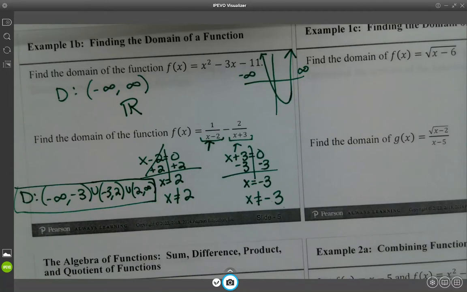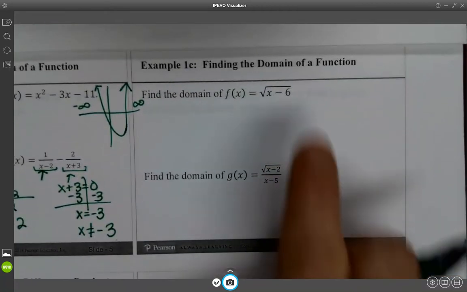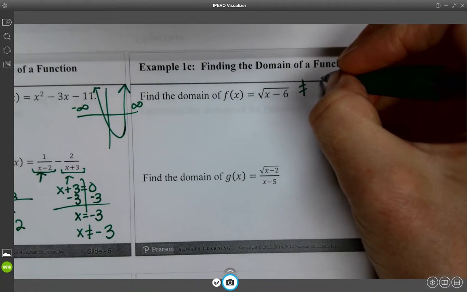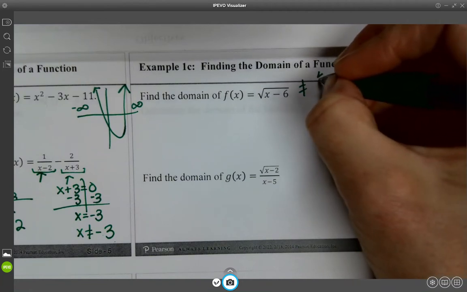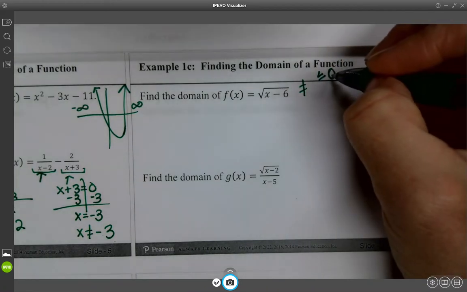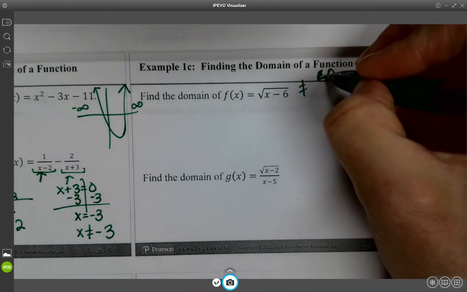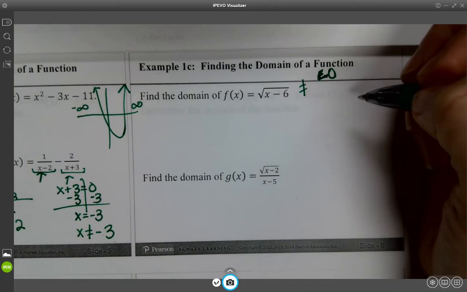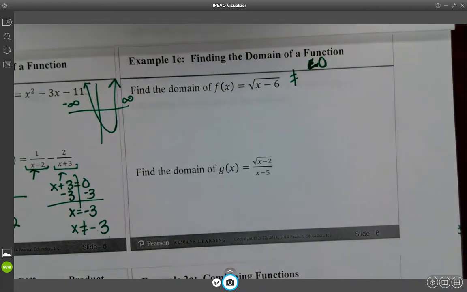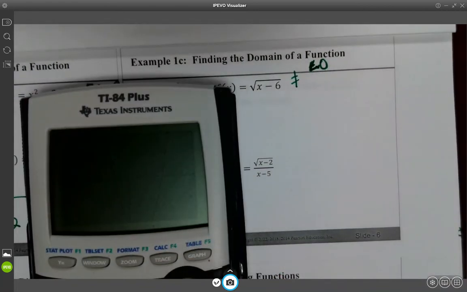Another thing that causes some restrictions is if you have a square root, this cannot equal anything less than 0. I guess it could equal 0, so let's say just less than. So if we're going to look here, what's the square root of 0? Does that cause problems?